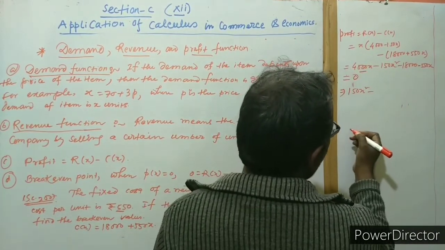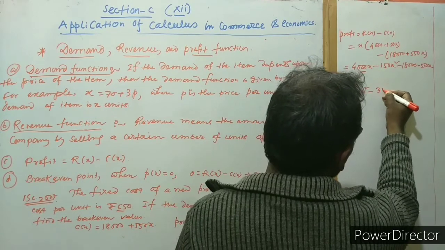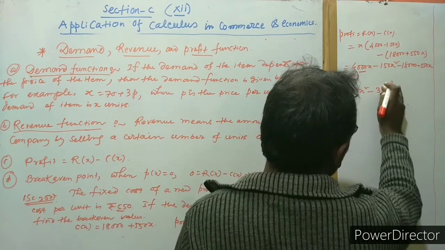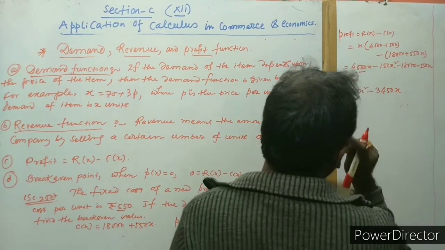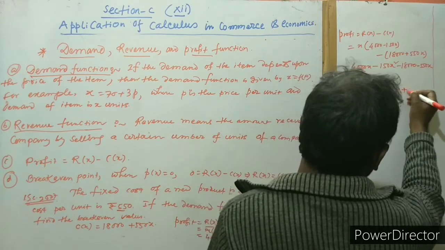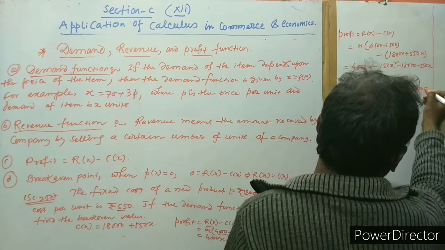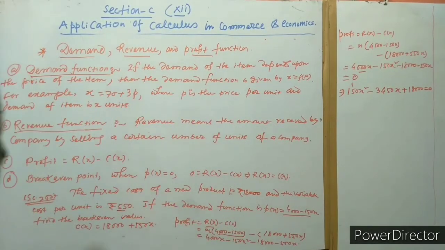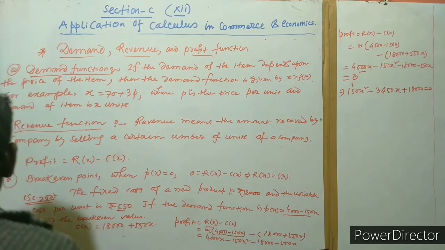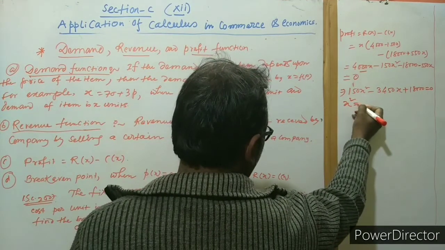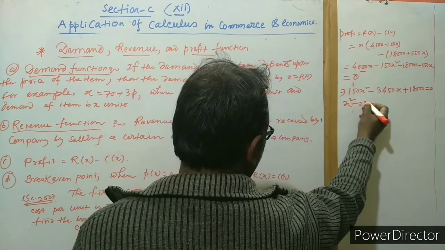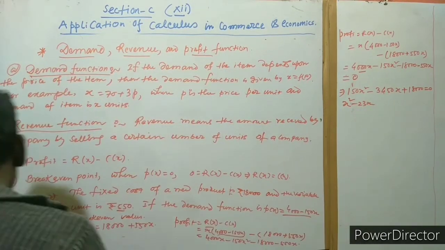If we subtract 550 from 4,000, this is 3450x, and the constant is 1800, equal to 0. So then we get x square minus 23x plus 120.